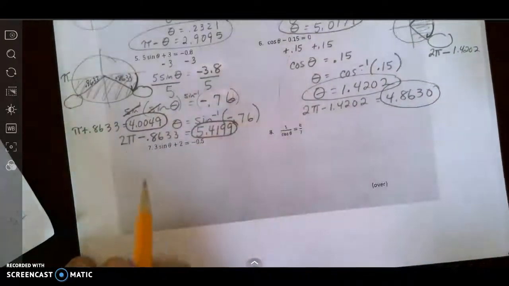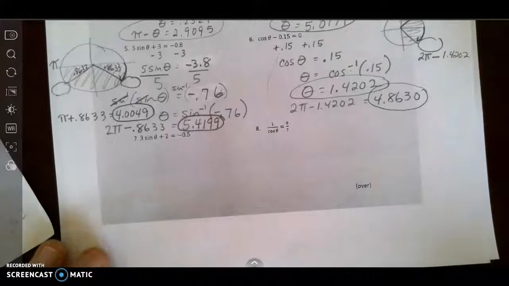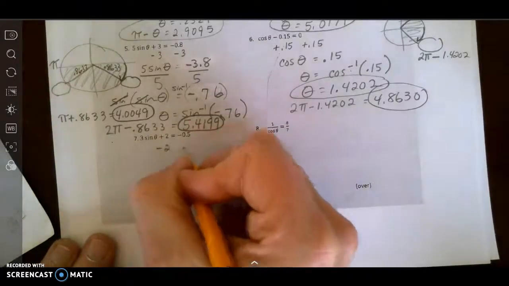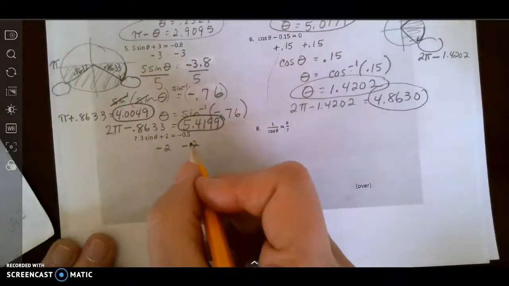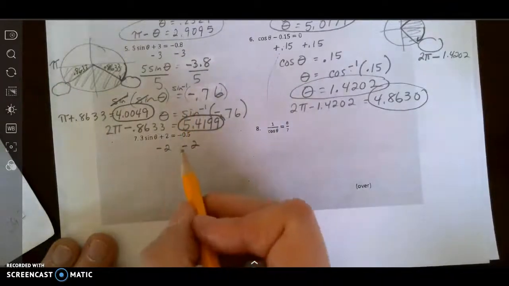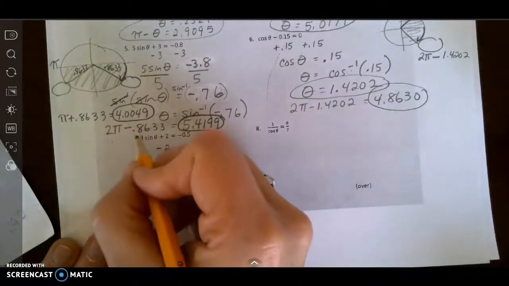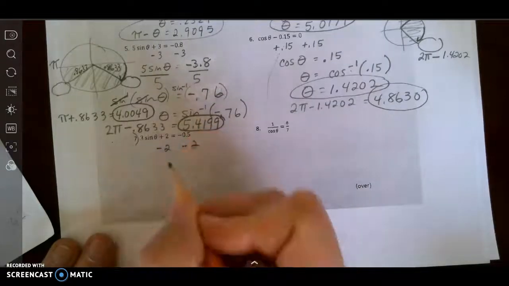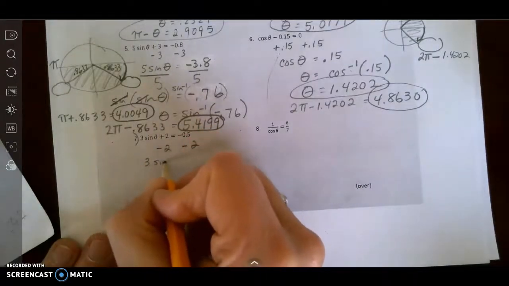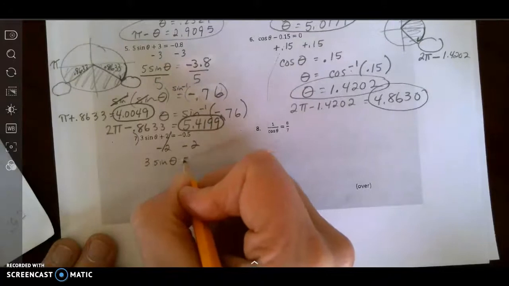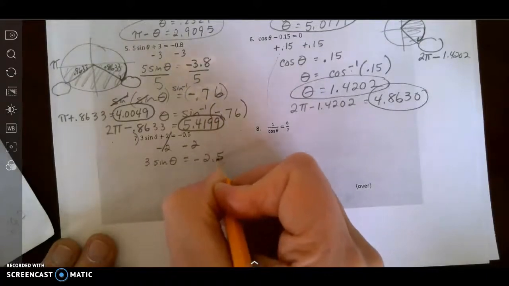Right, number 7. Going to subtract 2 from both sides. Not 0.2, like I made that mistake up here on number 5. It's minus 2. So I get, and this is number 7, 3 times the sine of theta equals negative 2.5.